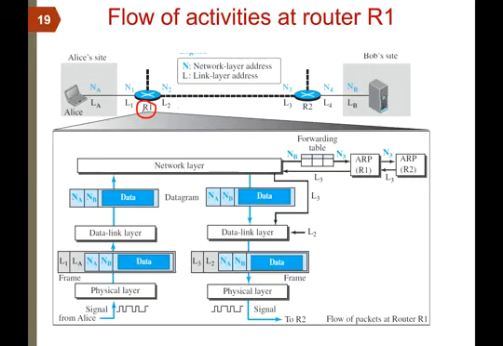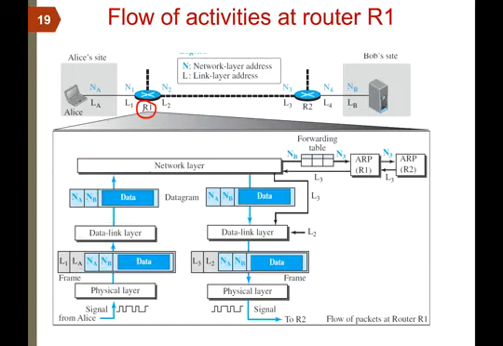The router, of course, needs to decapsulate and then recapsulate. So the received packet will be decapsulated, and when you send it again, it will be encapsulated again. As we said, the router is a layer 3 device, which means it can process the data up to layer 3.